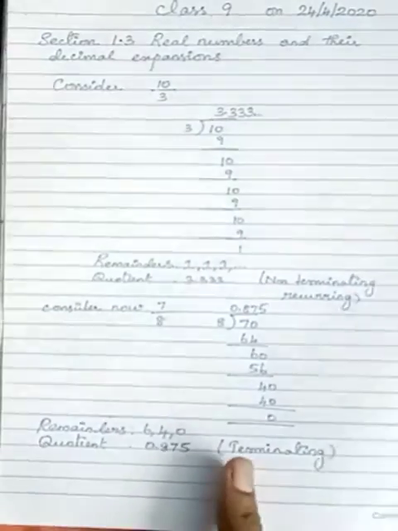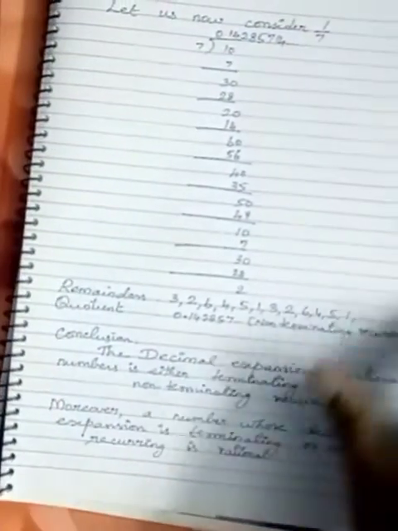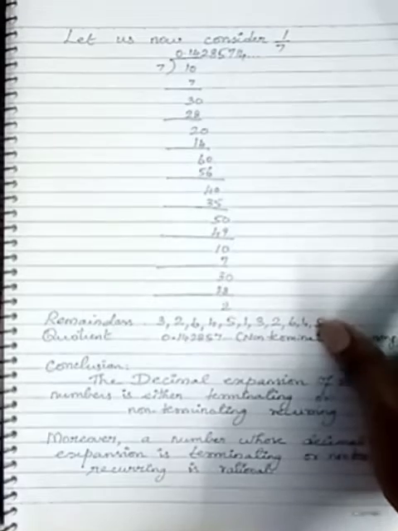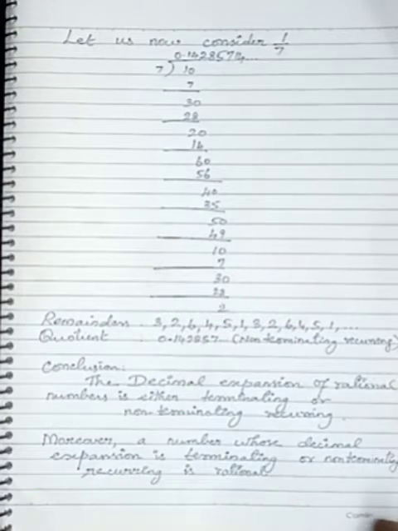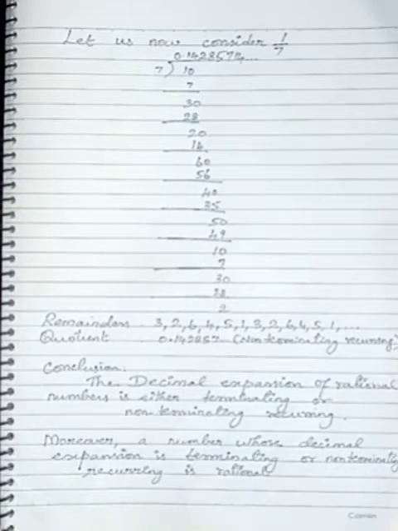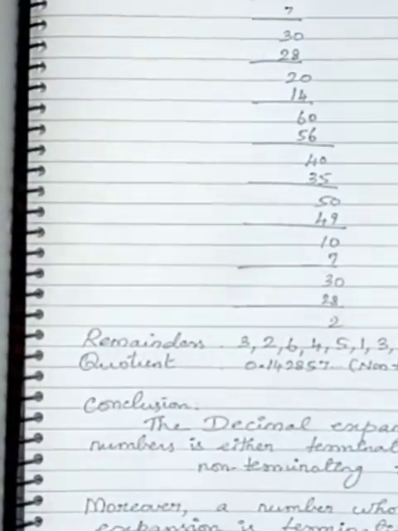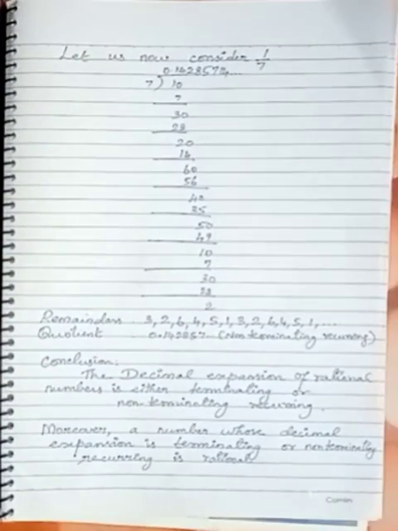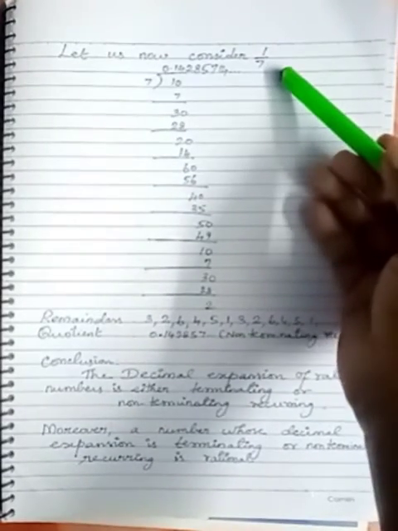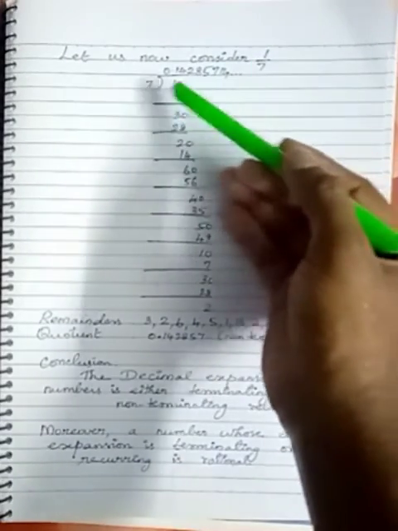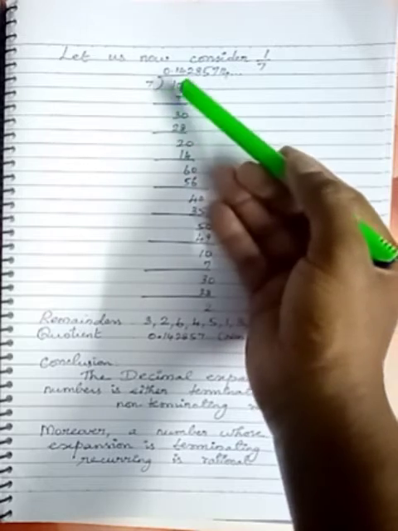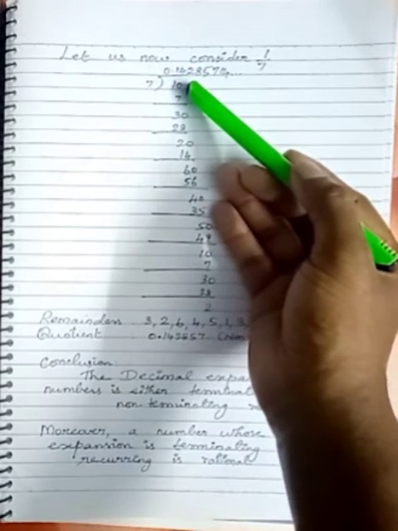Now we are going to consider one more example. Consider the example 1 by 7. So 1 is not divisible by 7. We can put a decimal point here and add 0 at the unit place.